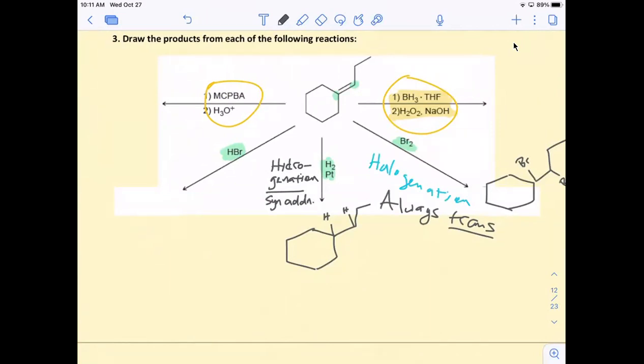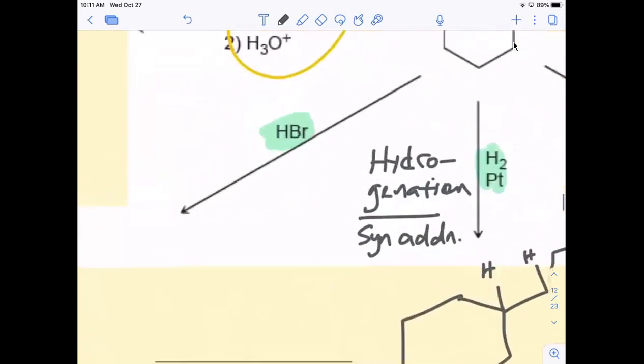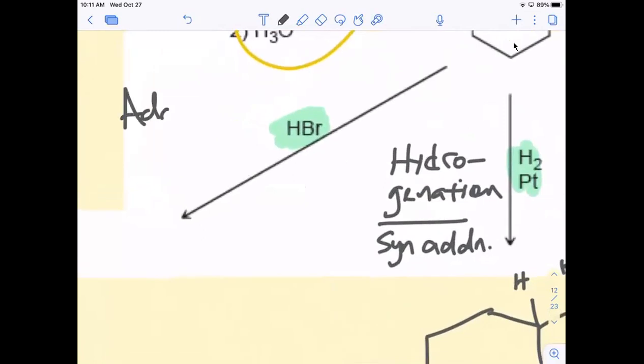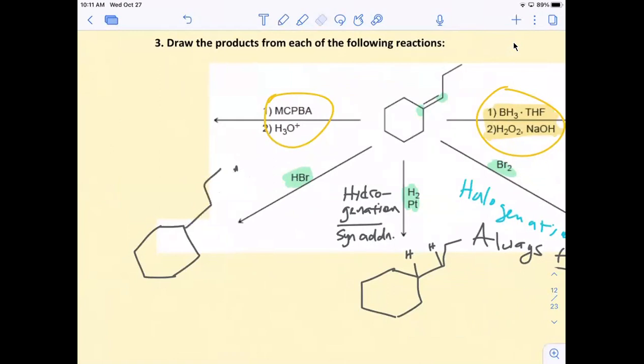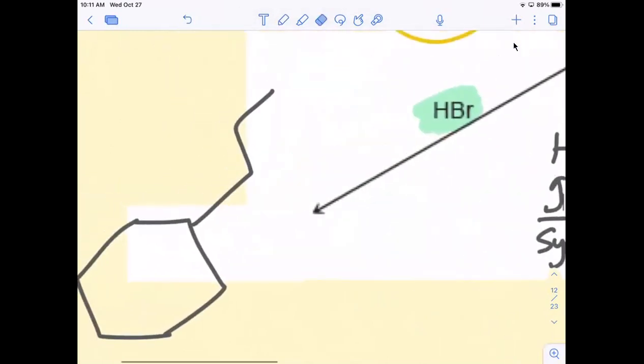What about the next one, HBr? What if I add HBr to that alkene? What's the product? How do I know where to put Br, and how do I know where to put H? The Br goes on the most substituted carbon. So this follows Markovnikov's rule.